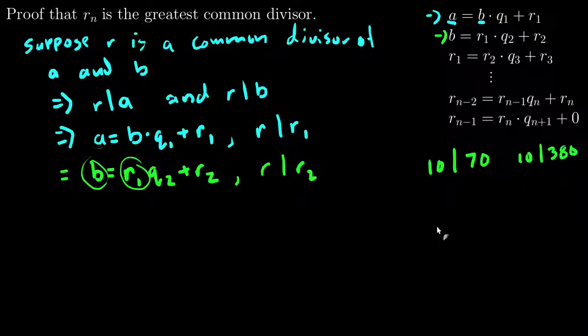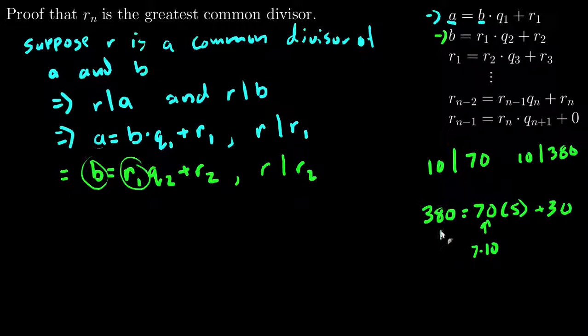Okay, so just as a little numerical example so people are with me on this. So in this formula, I would have 380 equals 70 times 5 plus 30. The fact that 10 divides 70 means that I can write this as 7 times 10.